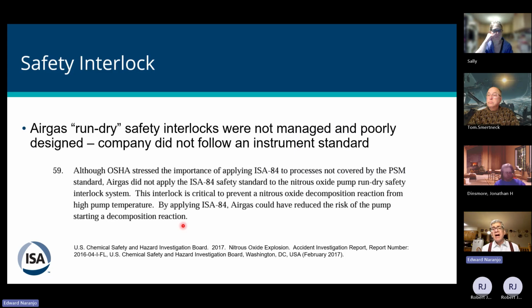Airgas was fined. It wasn't found negligent. And there were a number of recommendations by the Chemical Safety Board to OSHA to try to fix what is known as this particular loophole of safety interlocks.